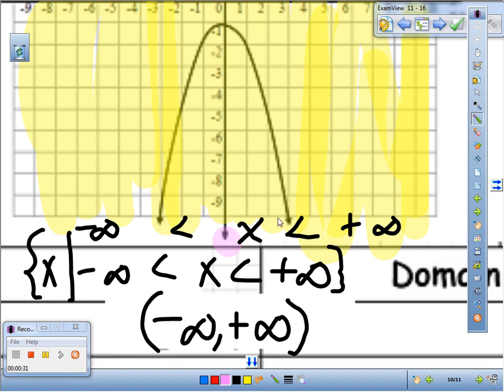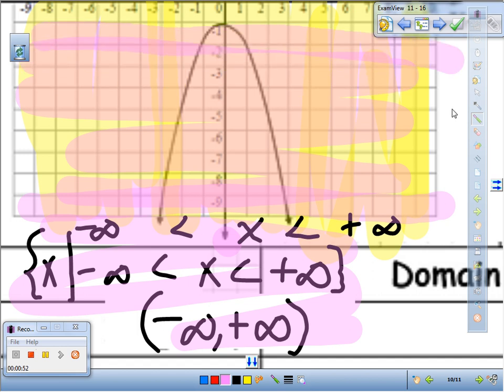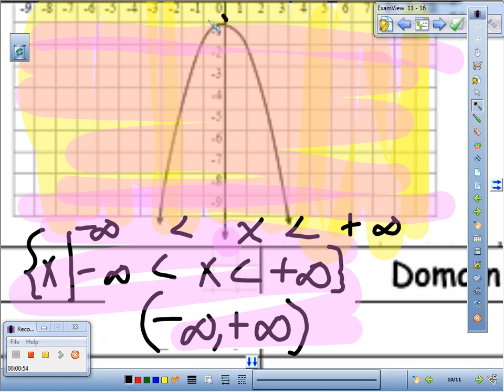The range, I'm going to start from the bottom to the top. If I start down here, does it start there? No, because it has arrows. So that means I would continue highlighting the whole paper. But then I highlight all the way up, and where does it stop? About right there. So it stopped at -1.